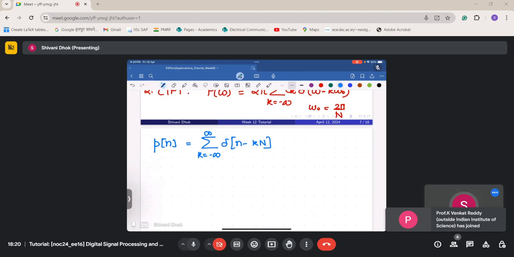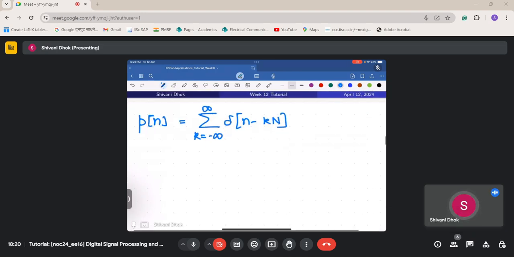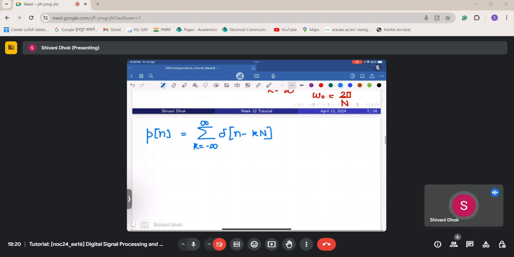of these things appropriately. So what we can do is, for finding the discrete Fourier series coefficients Ck, we just look at one period. So Ck is given as 1 by N summation over a period N of P of n into e power minus j k omega naught n.